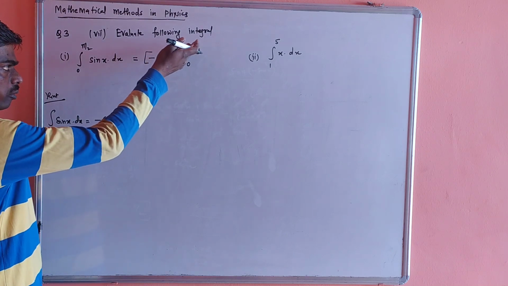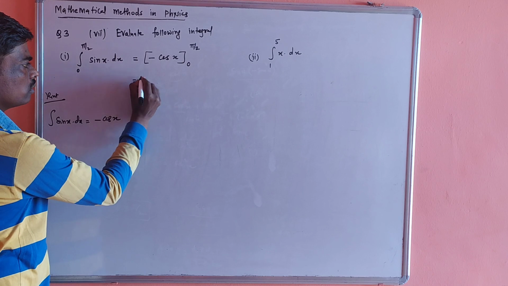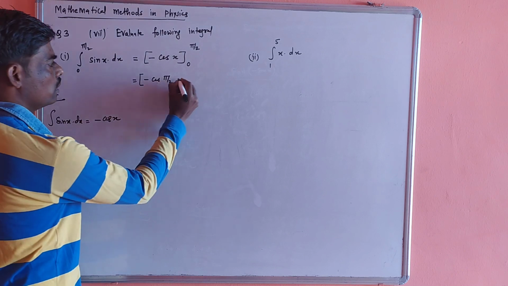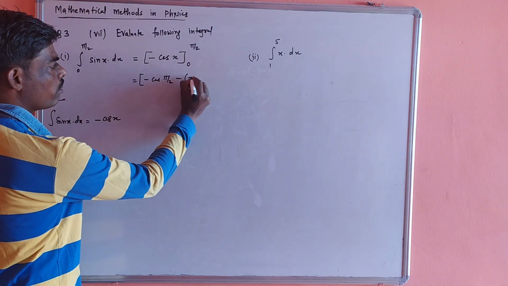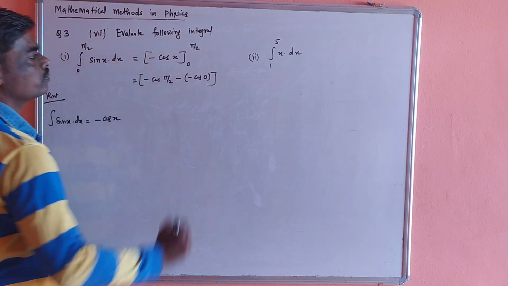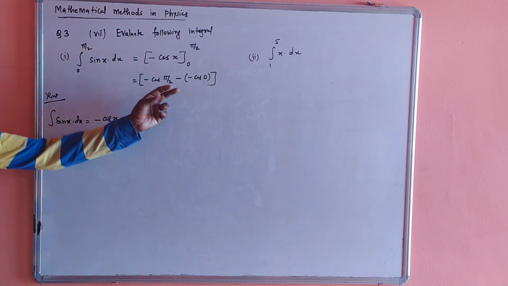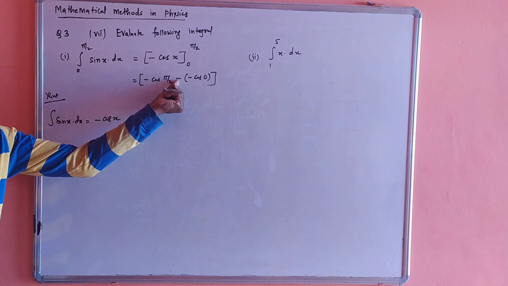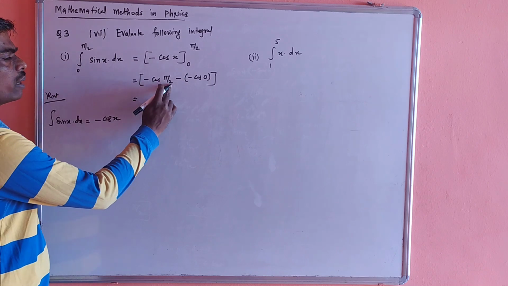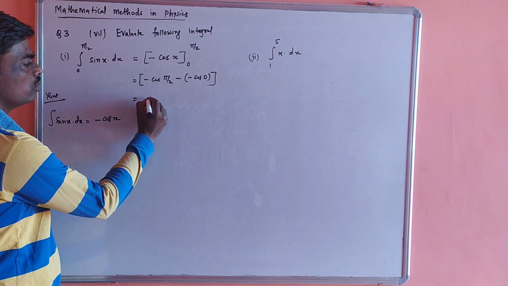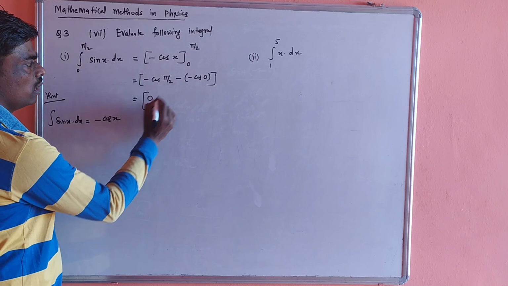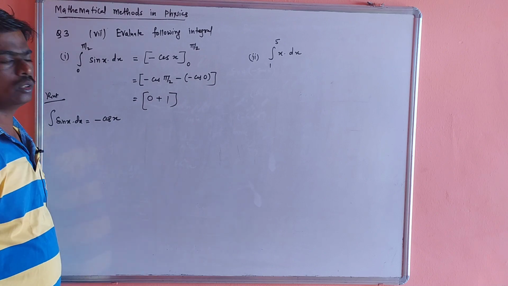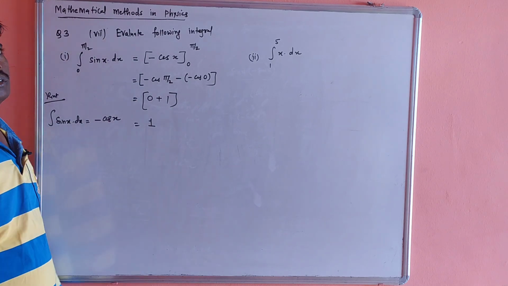Substitute the upper limit minus the lower limit. So it becomes minus cos pi by 2, then minus of minus cos 0. While substituting upper and lower limits, we have to subtract the function values. Cos pi by 2 is 0, so this term is 0, minus minus becomes plus, and cos 0 is 1. So your final answer becomes 1.